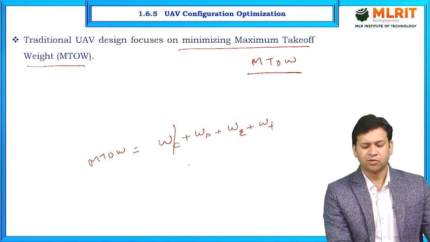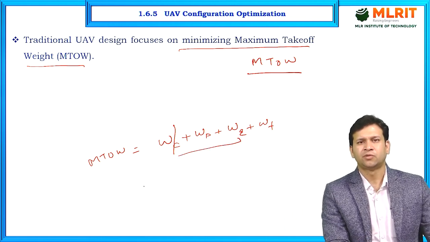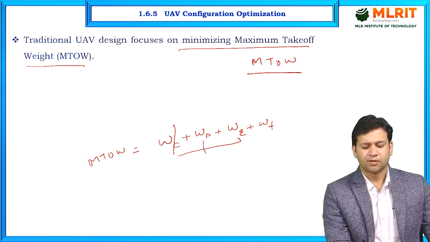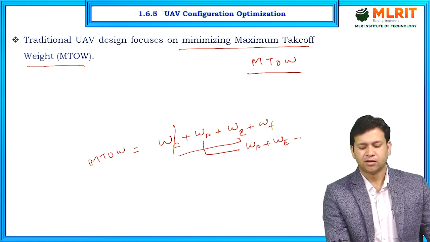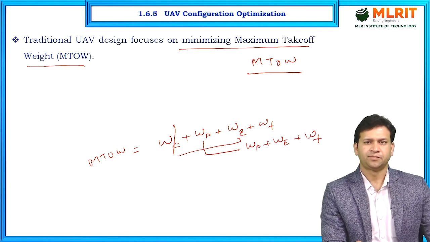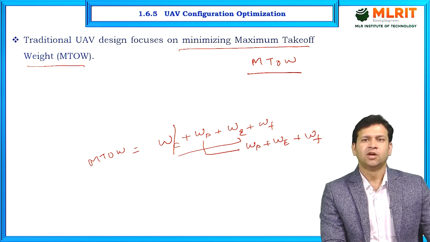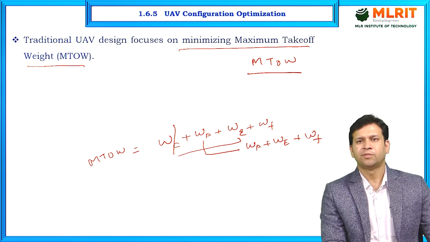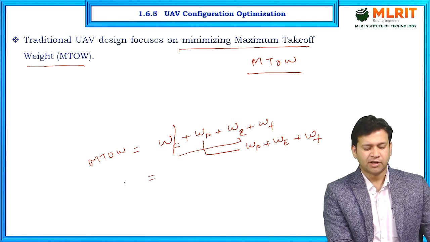So this will be combined with empty weight. Instead of crew, we have our payloads which are accommodated in the fuselage. It will be payload plus empty weight plus fuel weight. And if it is not turbofan engines, if it is based on the batteries and motors, then the maximum takeoff weight will include payload plus empty weight.